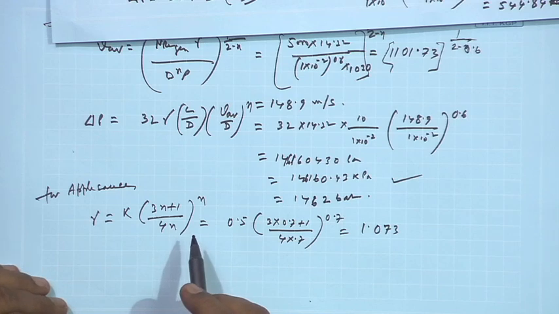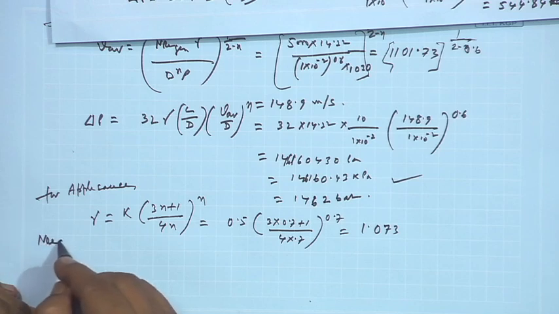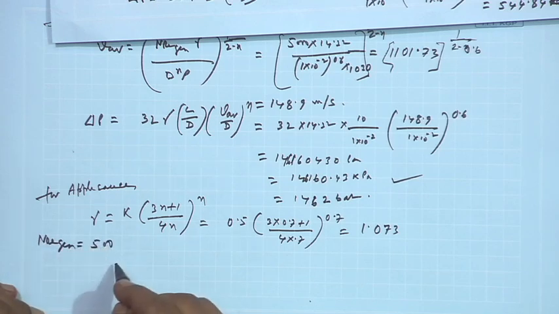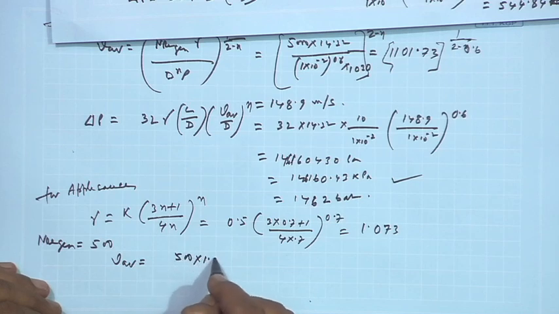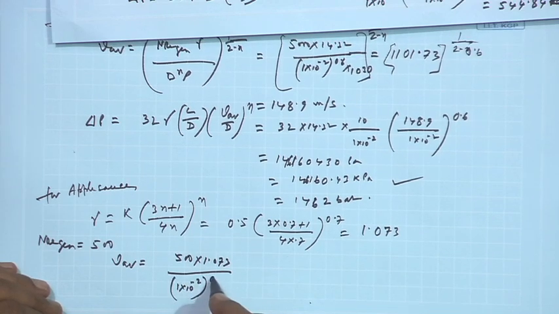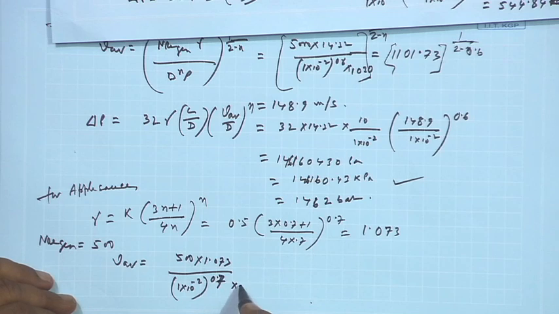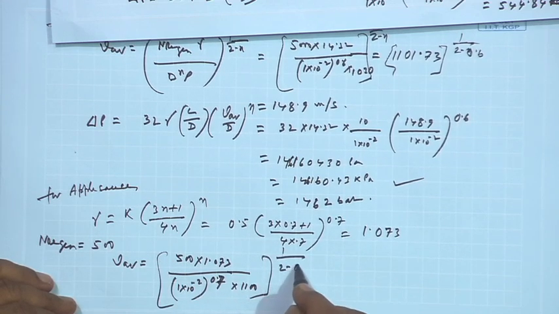So with gamma known, for the given general energy Reynolds number of 500, V average equals 500 into 1.073 divided by 1 into 10 to the power minus 2, whole to the power 0.6, into 0.7 into 1100, whole to the power 1 by 2 minus 0.7.